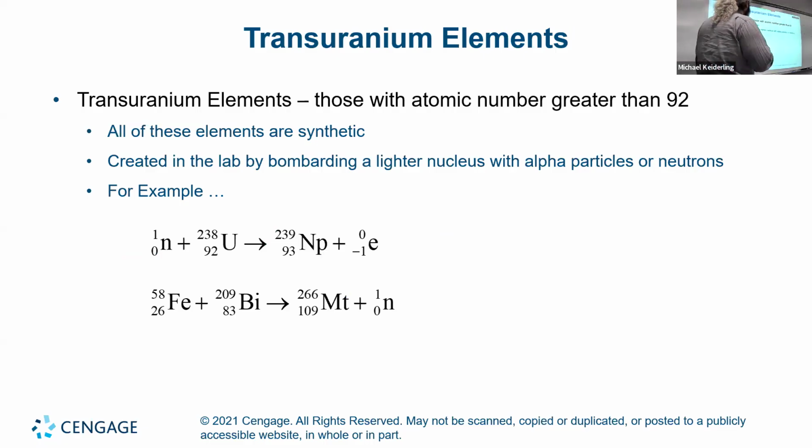So the transuranium elements are those with atomic number greater than 92. All of these elements are synthetic. They're generally created in the lab by bombarding a lighter nucleus with alpha particles or neutrons.